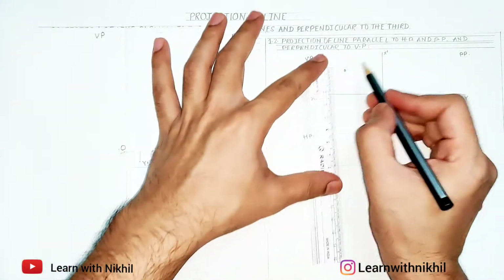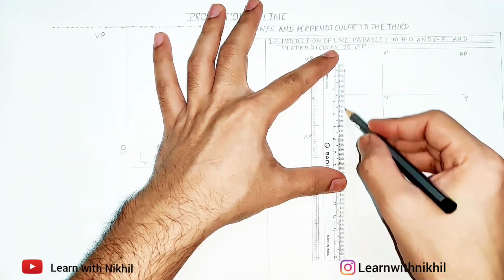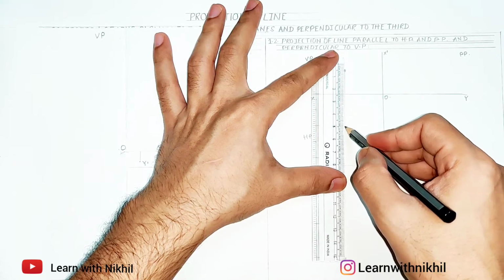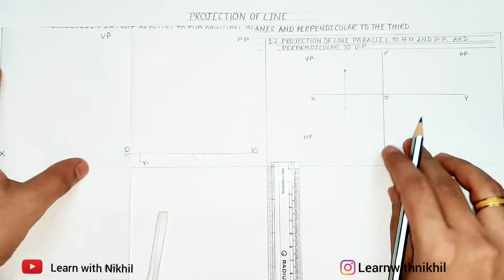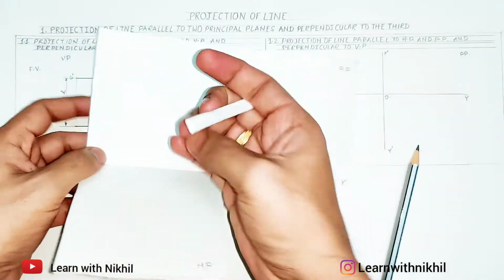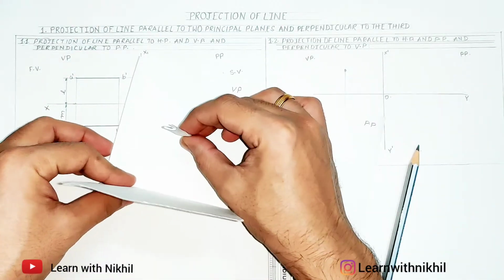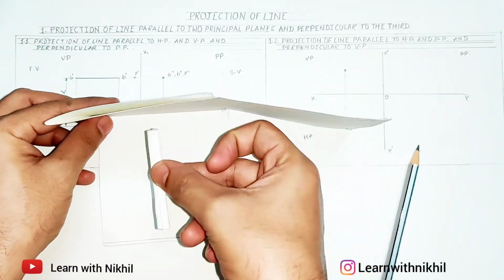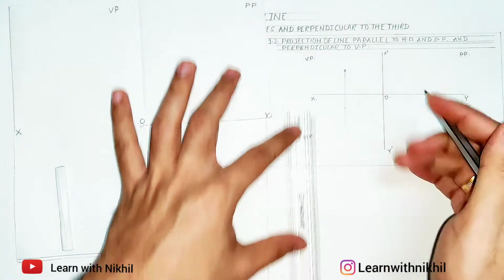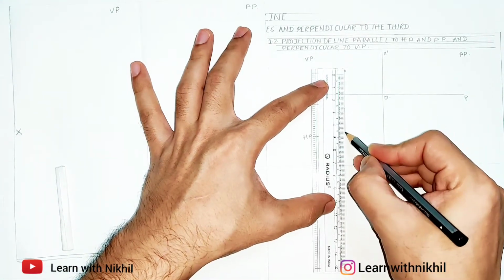Now taking its projection down in the top view. So in the top view, it will be a straight line, as I am showing it again. So in the front view, it is a dot, and in the top view, it is a straight line which is parallel to the horizontal plane. So I'll draw a straight dark line.